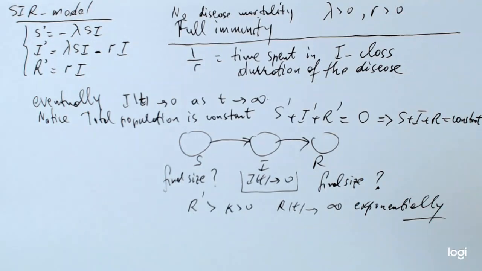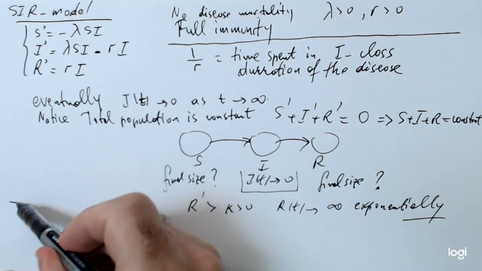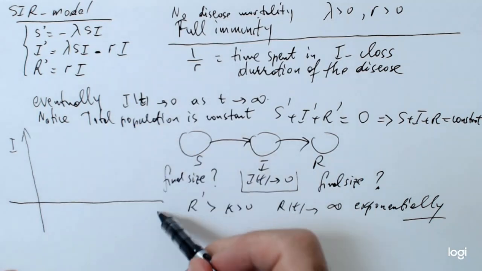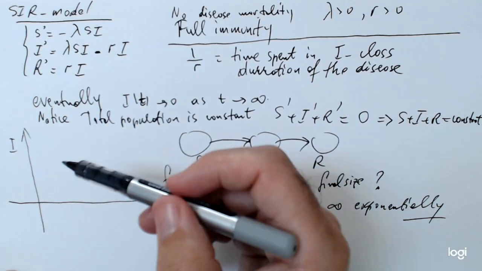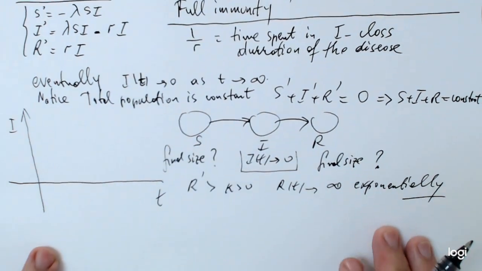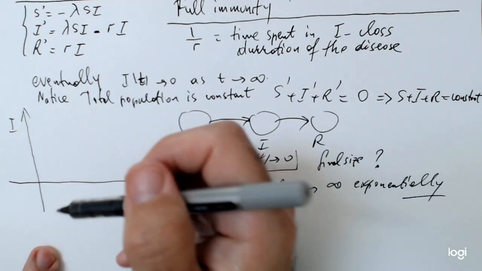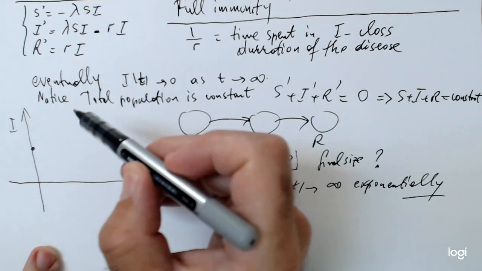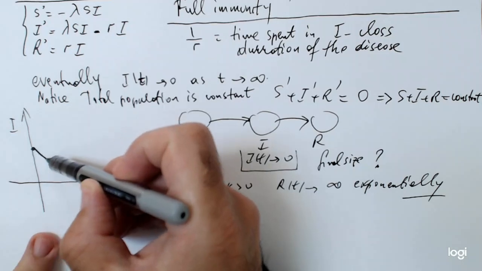So the main question in terms of predicting the epidemic is, do we have an epidemic or not? What public officials want to know, once the cases start to appear, is whether you have a spike first and then a decline. So the evolution for I of t, based on our intuitive analysis so far, is that either it's going to be a decline to 0 from the beginning.